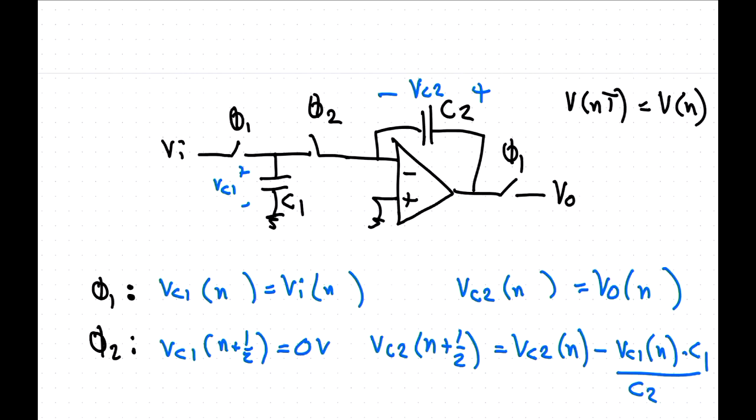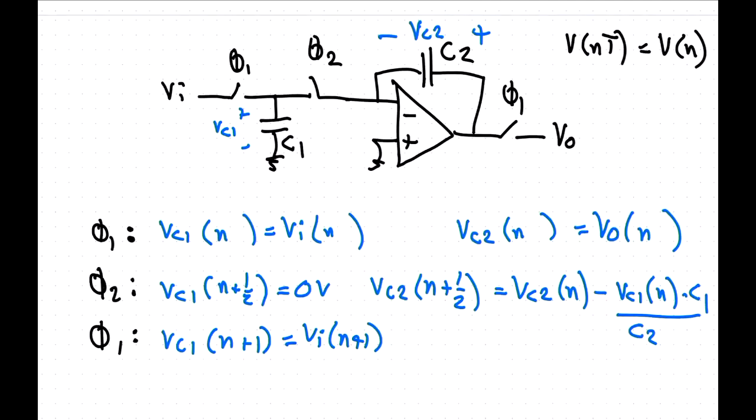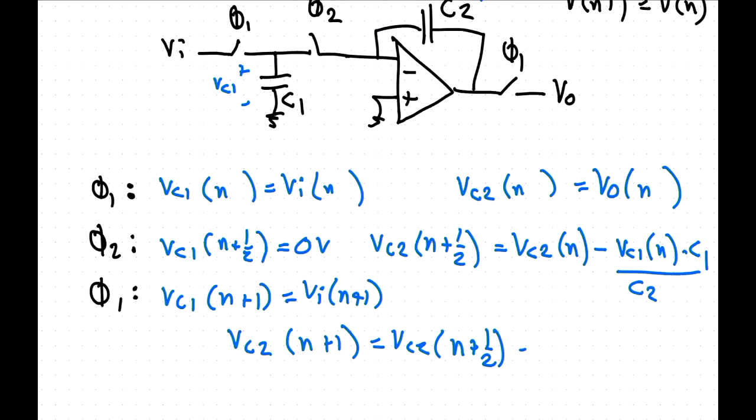So at the next clock phase 1, again, we have Vc1 of n plus 1 equal to Vin of n plus 1, but also Vc2 of n plus 1 is equal to Vc2 of n plus a half, which is equal to Vc2 of n minus C1 on C2 times Vc1 of n.